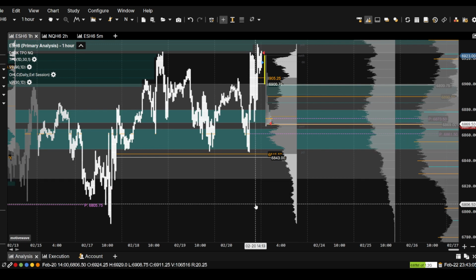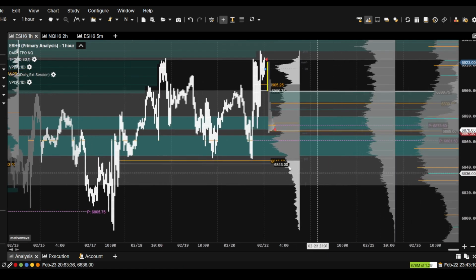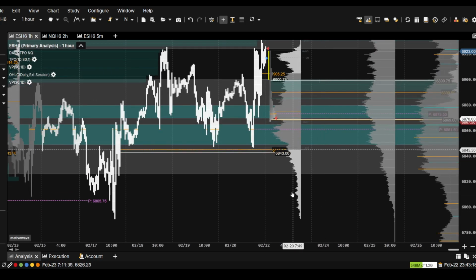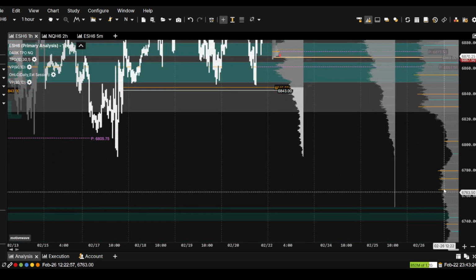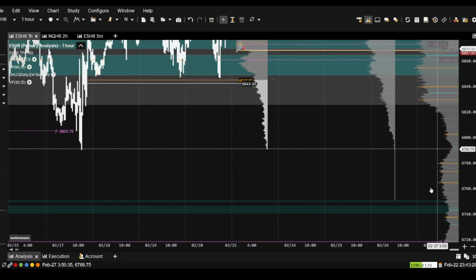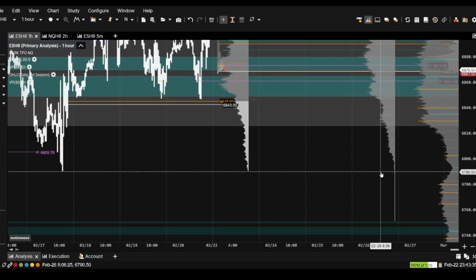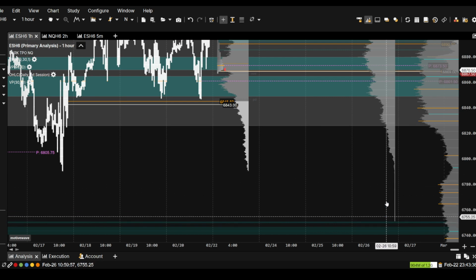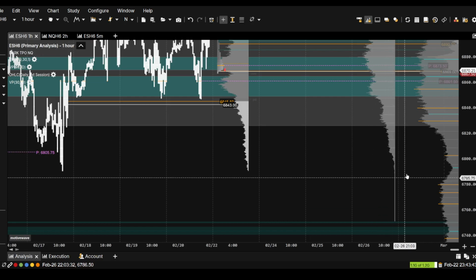Here we could see two scenarios or two probabilities. One, come back to the other high volume node edge. Or we could see accepting lower prices to here, discovering this little high volume node area, very close to a type of tail of the previous 13 days.